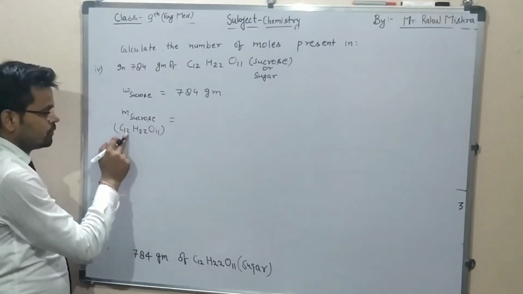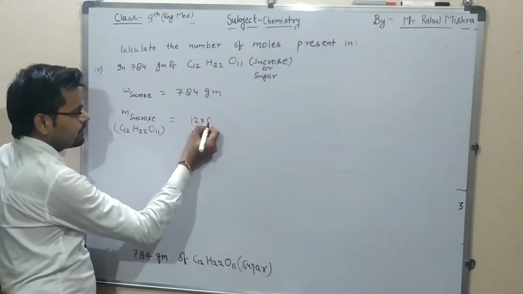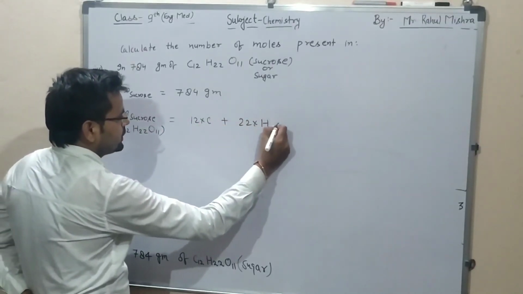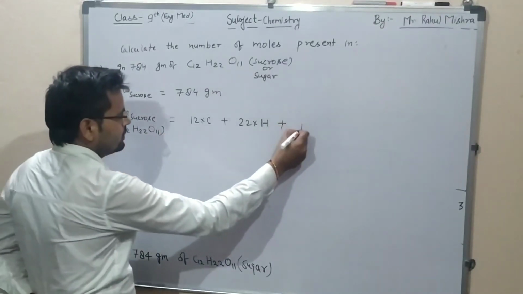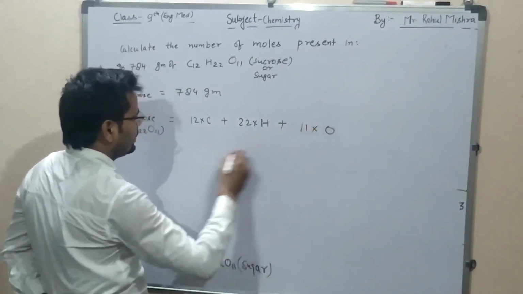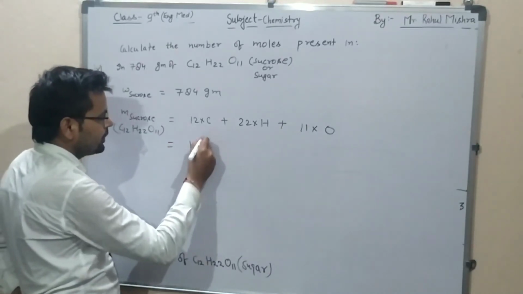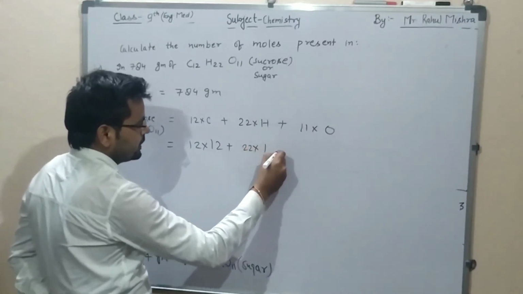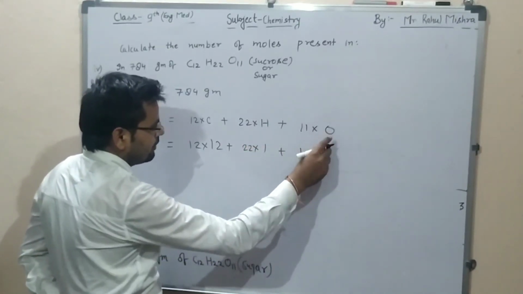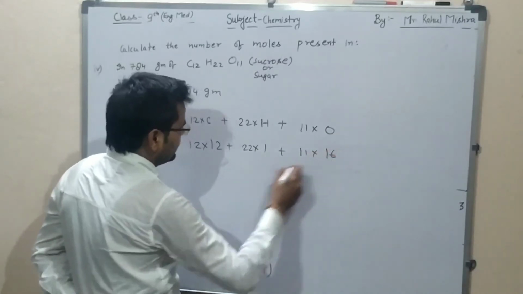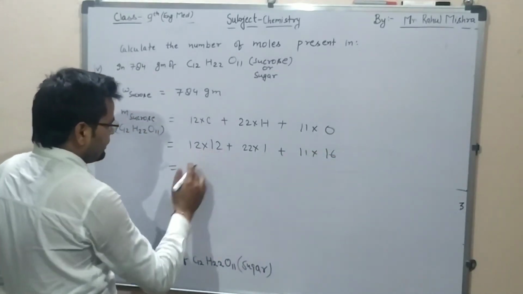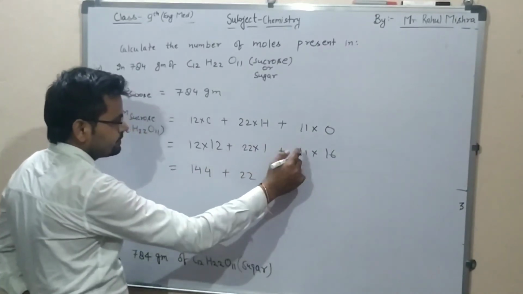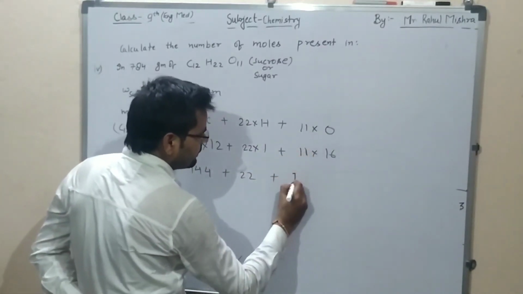So it is equal to 12 into the atomic mass of carbon plus 22 into the atomic mass of hydrogen plus 11 into the atomic mass of oxygen. So 12 into 12 for carbon, 22 into 1 for hydrogen, plus 11 into 16 for oxygen. Now we solve it. It is 144, it is 22 and it is 176.